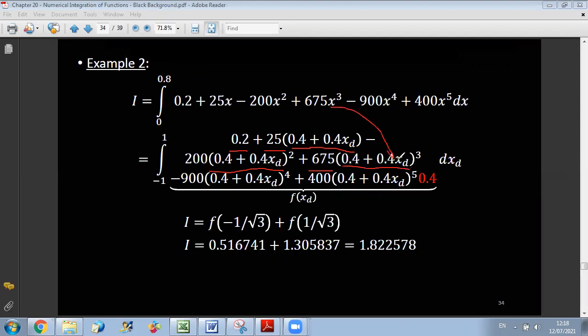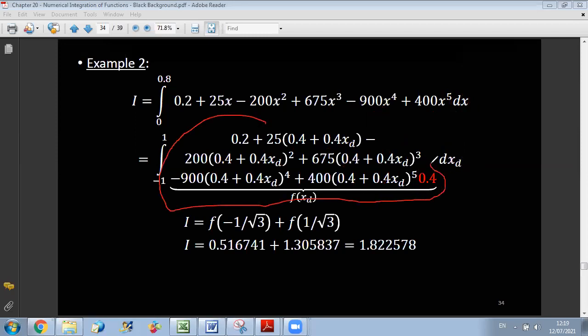So each x I have in my formula will be replaced by 0.4 plus 0.4 xd. So I should replace also x^4 and x^5. Okay, and I should not forget to replace also the dx by its expression as a function of dxd, which is 0.4 dxd. And now when I am done with this, I will end up with a new function times dxd. This is my whole function.